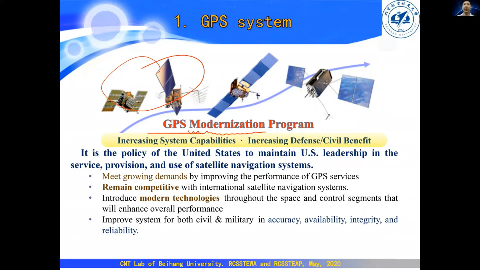The modernization program means the system is trying to increase system capabilities and increase the defense and civil benefits. The policy of the United States is to maintain US leadership in the service, provision, and use of satellite navigation systems. The modernization program is trying to improve this.